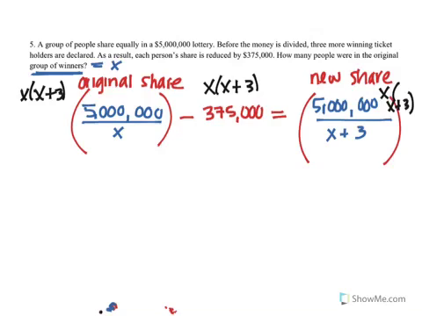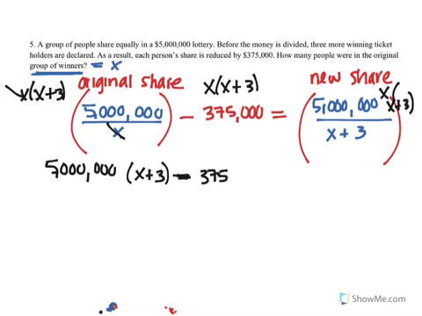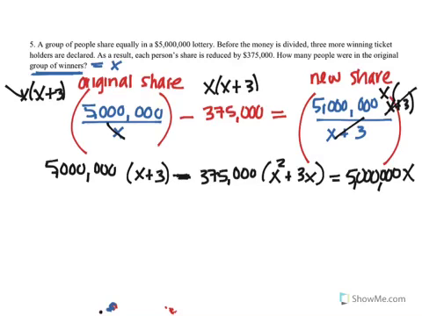So let's see what cancels. These cancel, and we get 5 million times X plus 3 equals 375, oops, that's a minus, 1,000 times X squared plus 3X equals, these cancel, 5 million X. So this looks like a complicated equation, but we just worked through it very slowly.